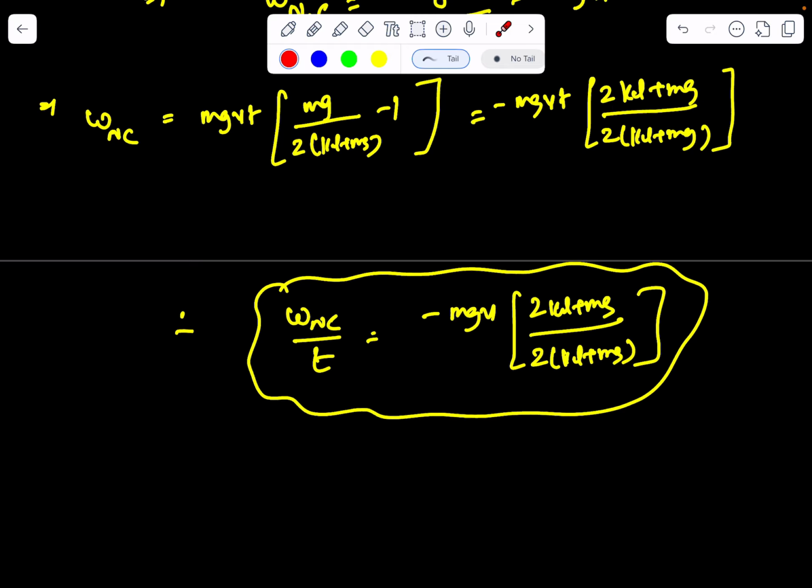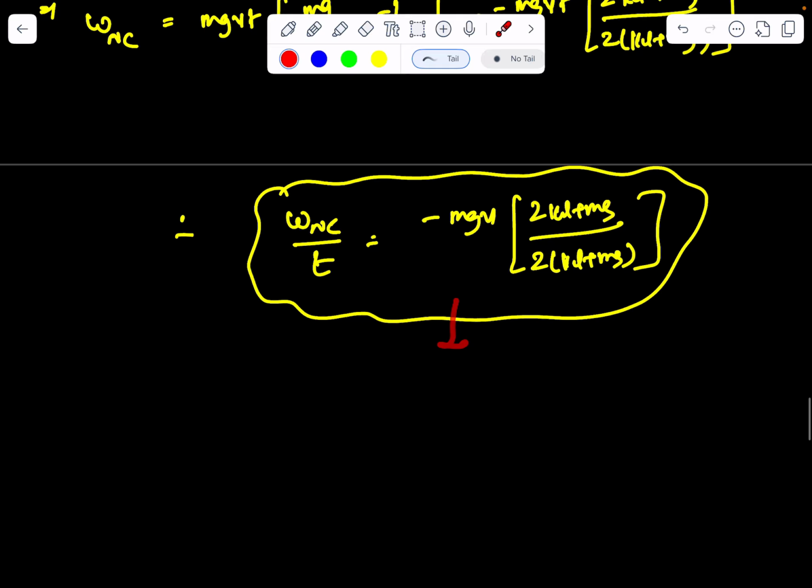These non-conservative forces like friction decrease the total mechanical energy of the system, and whatever loss in mechanical energy takes place comes out as thermal power in this case.